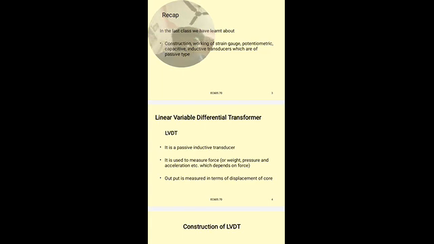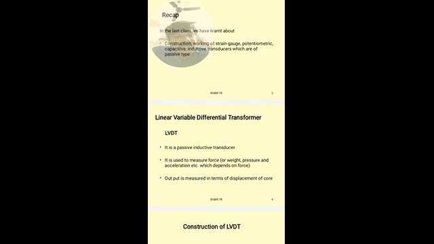So LVDT, linear variable differential transformer, also known as differential transformer, is a passive inductive transducer. It is the most widely used inductive transducer to measure the force, weight, pressure and acceleration, which depends on the force, again in terms of amount and direction of displacement of the ferromagnetic core of a transformer.